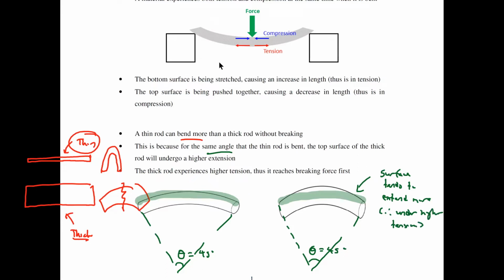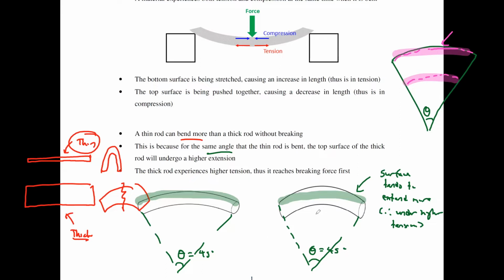It'll be easier to see it as this. You see, if I had a sector like this, and I give you two different lengths, this length here and this length here, this length here is obviously more than this length.